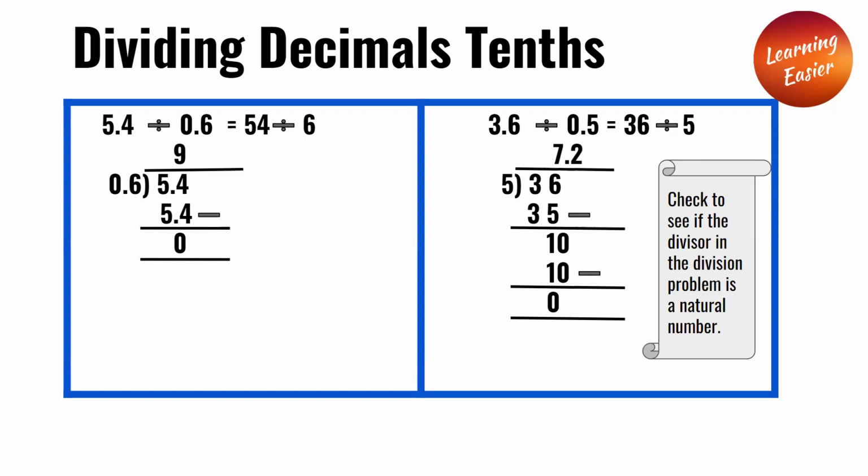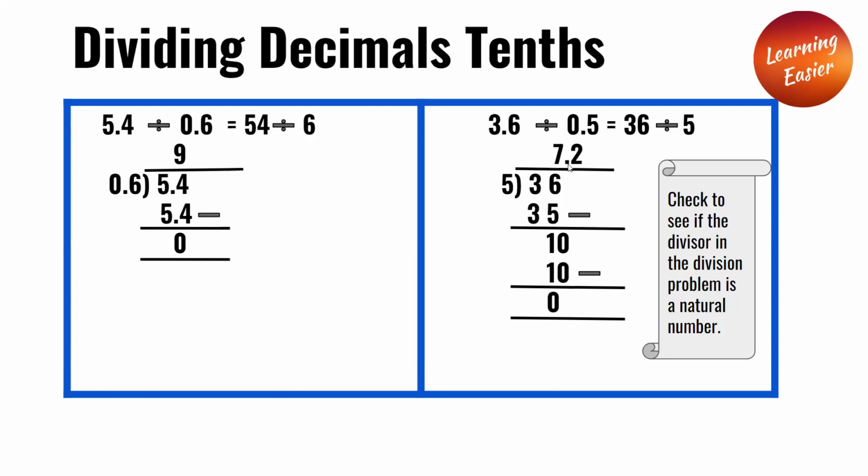Next, we're going to be dividing 3.6 by 0.5, which is equal to 36 divided by 5. When we're dividing 36 by 5, the closest number to 36 that's a multiple of 5 is 35. So 5 times 7 is 35. 36 minus 35 is 1.